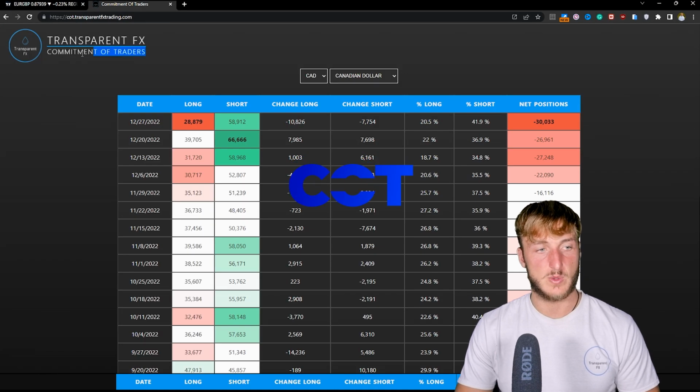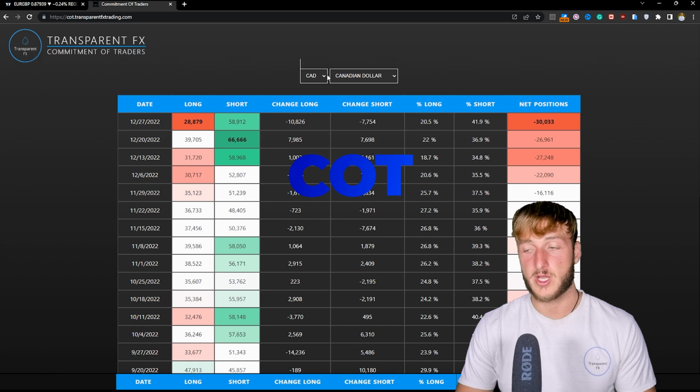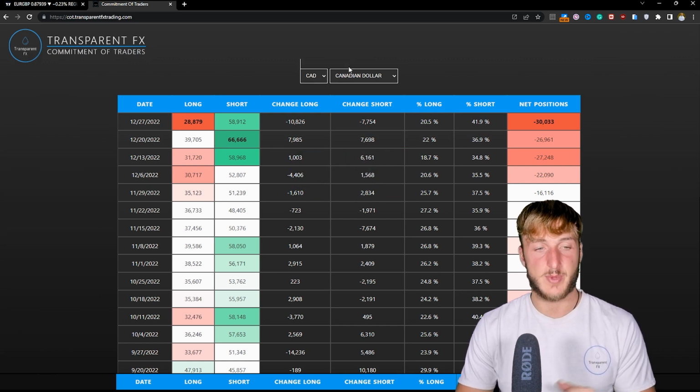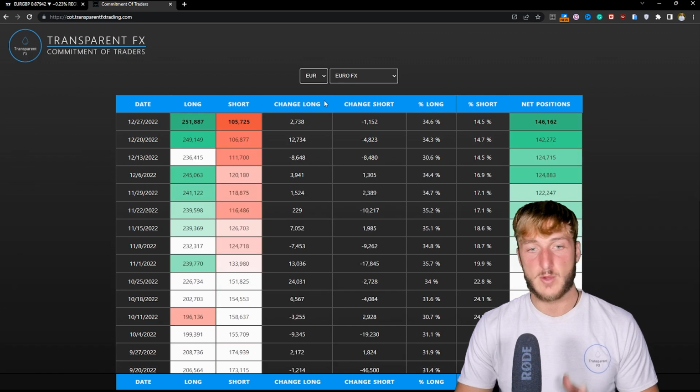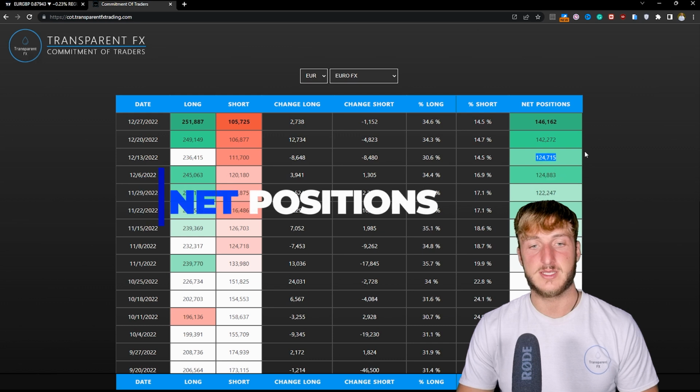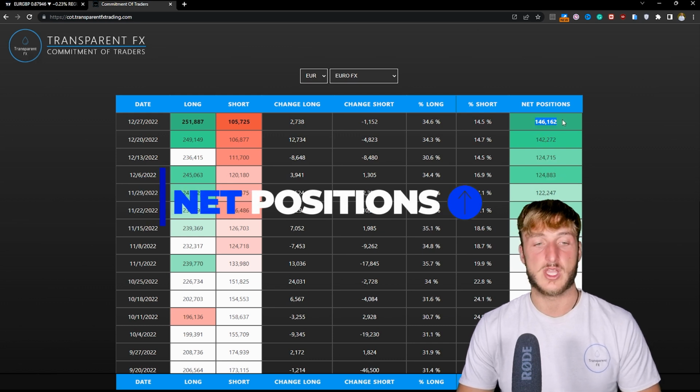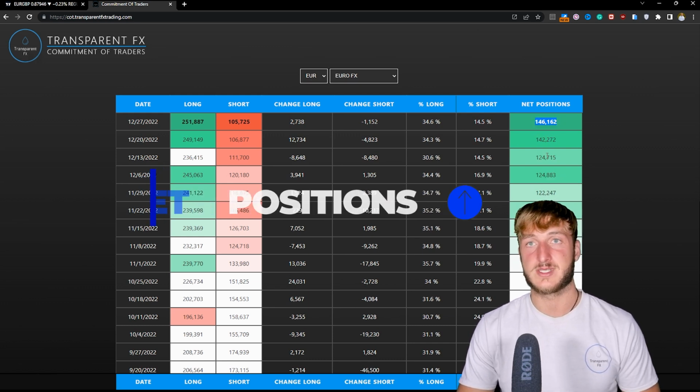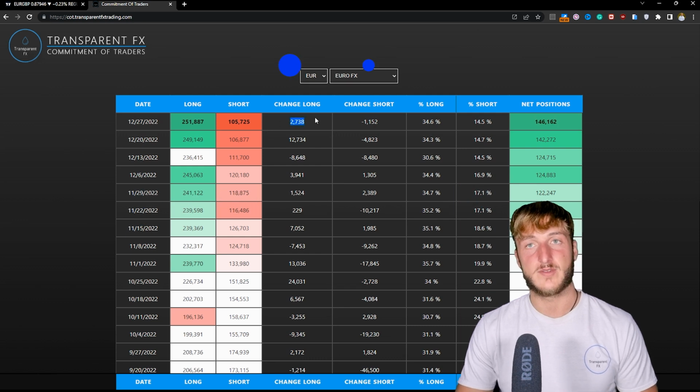Now, if we go and see what we have when it comes to the commitment of traders, so the COT data, which is what the non-commercials, so the biggest speculators in the market are doing, and we check the data for the euro, we can see how with the last reports we have constantly been seeing an increase in net positions, reaching 146k net positions with 2.7k longs added on the euro with the last report from an institutional perspective and 1.1k shorts getting closed.